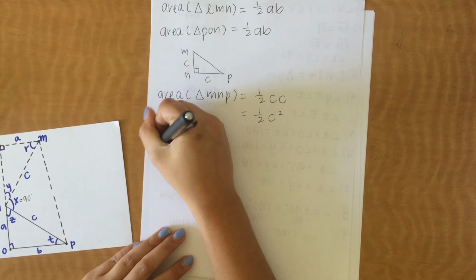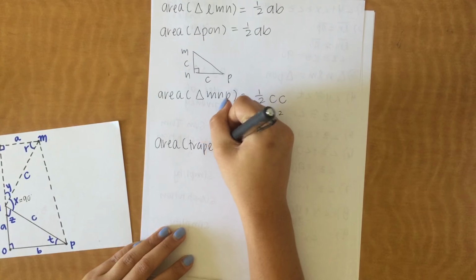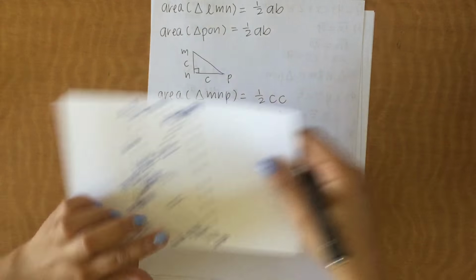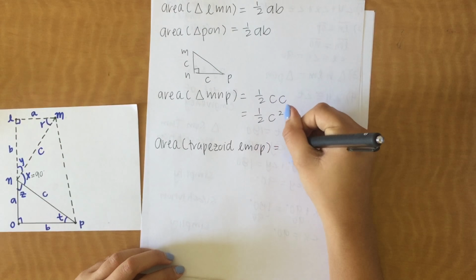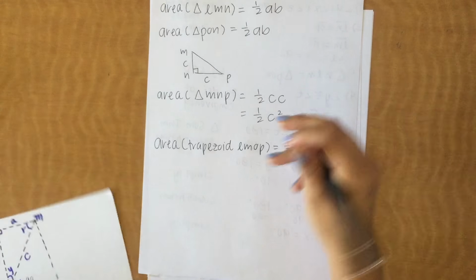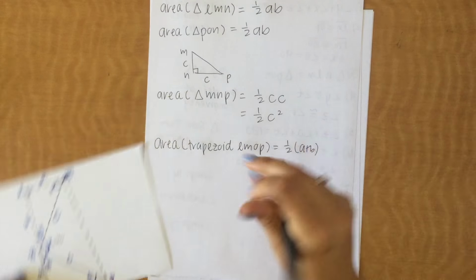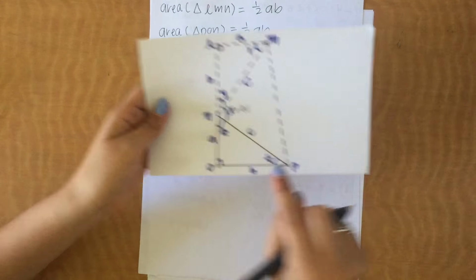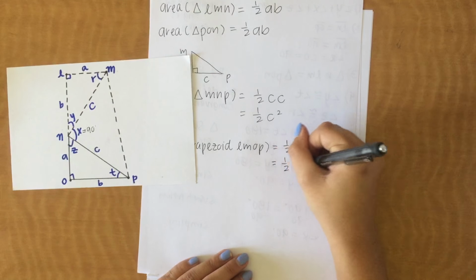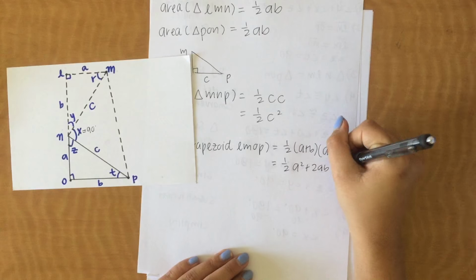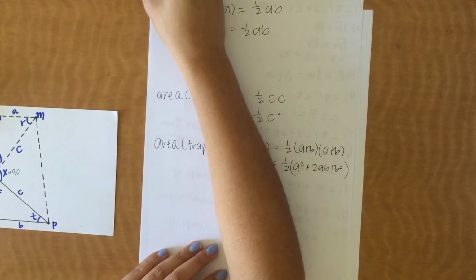So the area of trapezoid LMOP is equal to 1/2, and then the height is A plus B, and then the top is A and the bottom is B, so just again A plus B. So if we simplify that, it's 1/2 (A squared plus 2AB plus B squared), and this is all in parentheses. So this is part B, and this is part C.